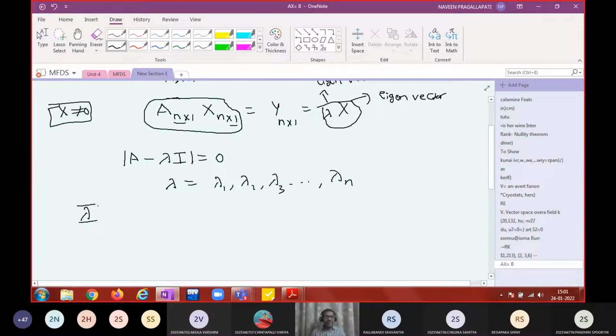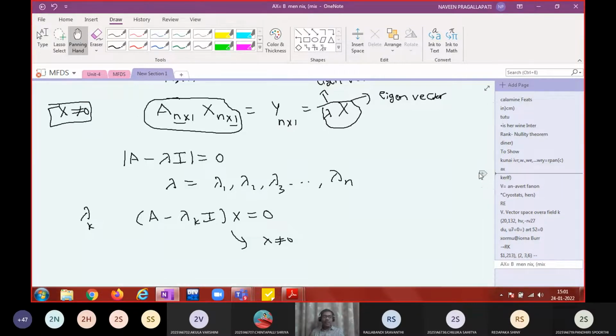For each of the distinct eigenvalue, you have to solve A minus lambda k. Let us say lambda k is a particular eigenvalue. Okay. So then for each of the distinct eigenvalue lambda k, you solve the system A minus lambda k into I of x equal to 0. This is a homogeneous system. All non-zero solutions are called eigenvectors corresponding to the eigenvalue lambda.